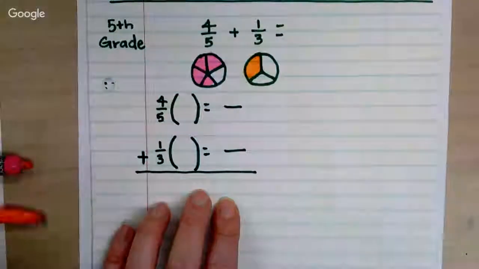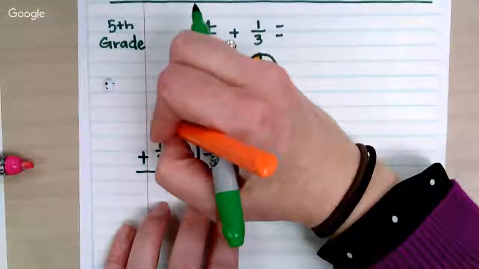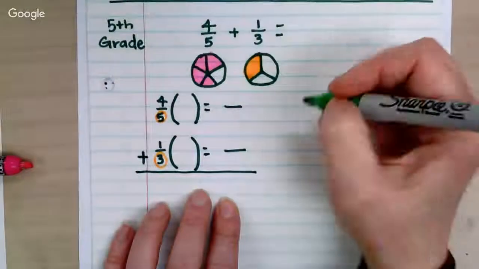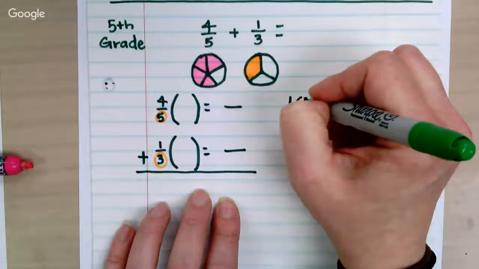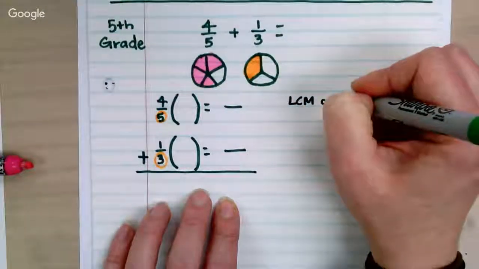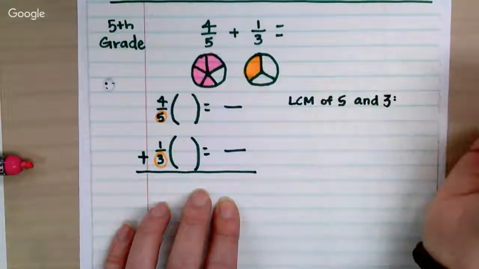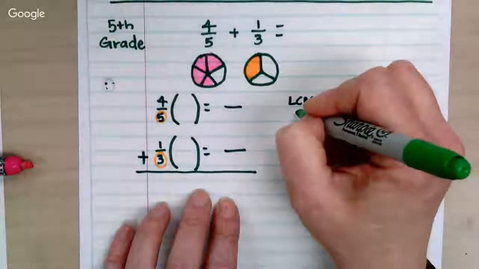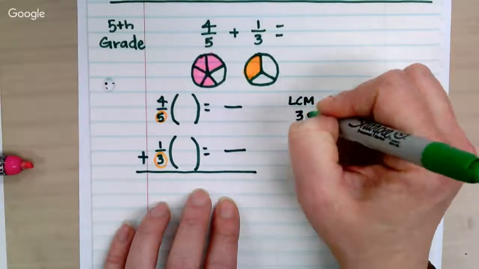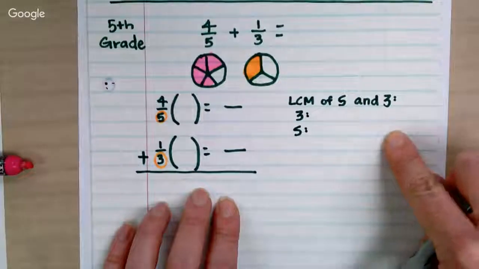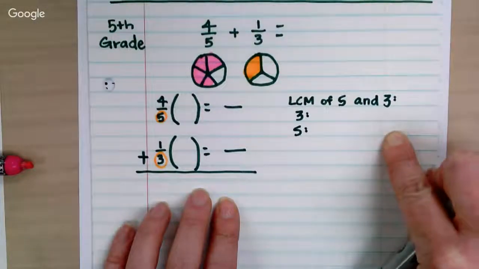I'm going to zero in on my denominators that are different. I have 5 and I have 3. The first thing that I will do is I want to find the LCM of 5 and 3. LCM means least common multiple. I could sit and just list multiples of 3 and list multiples of 5 and see what they have in common.